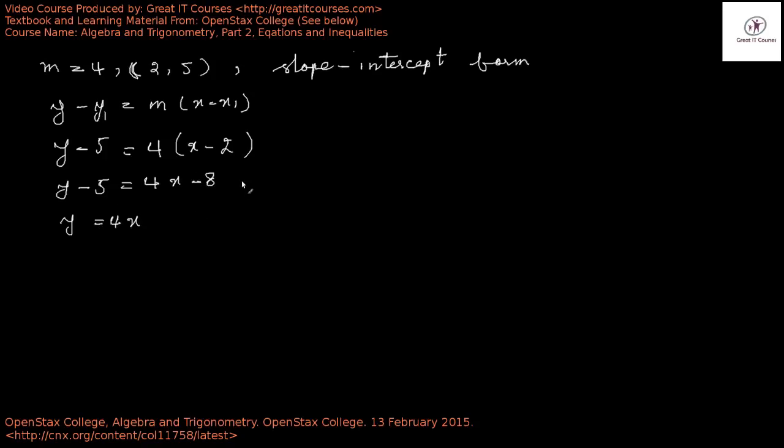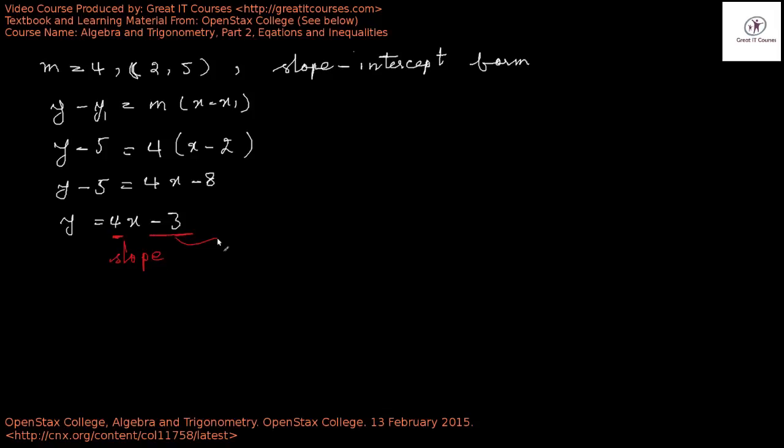This 5 goes to the other side, becomes plus 5, so minus 8 plus 5 is equal to minus 3, and this is the slope intercept form of the line. And here this 4 is the slope of the line.